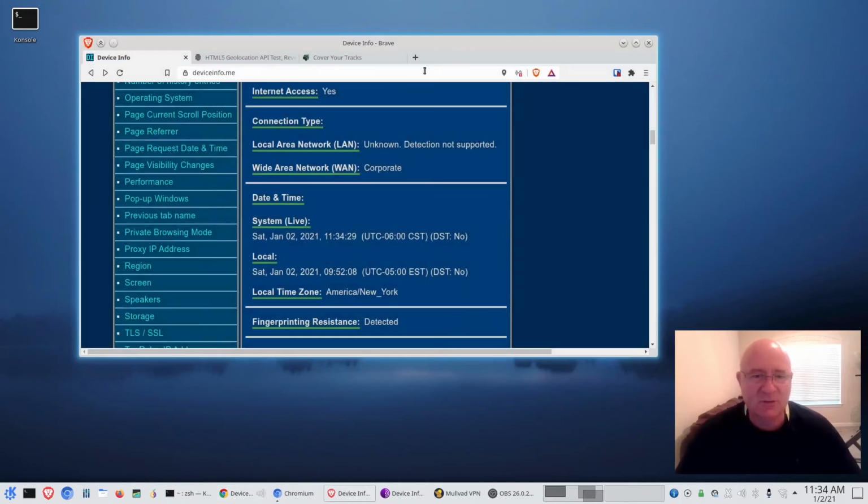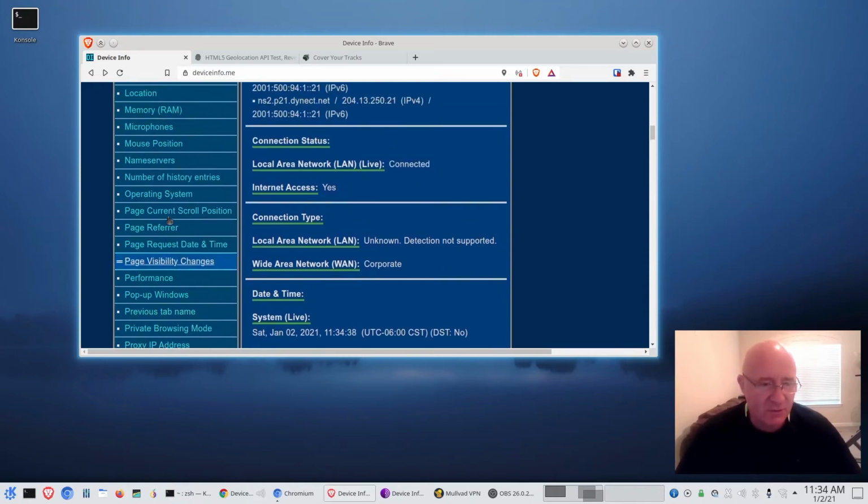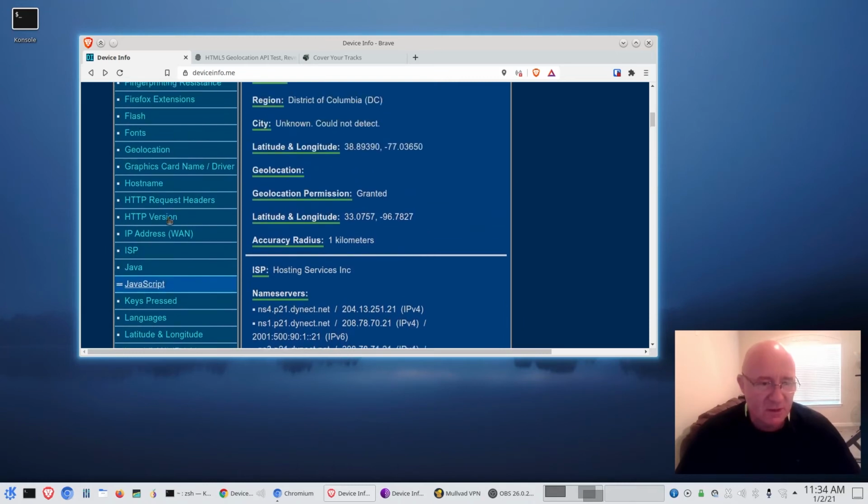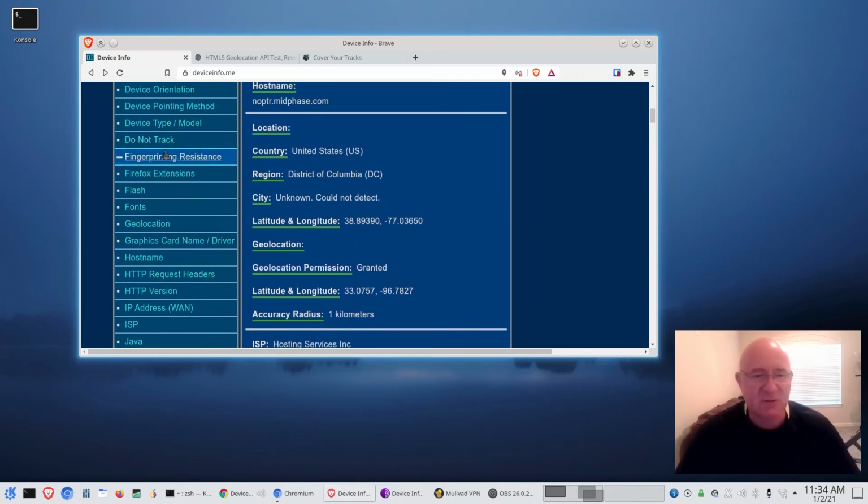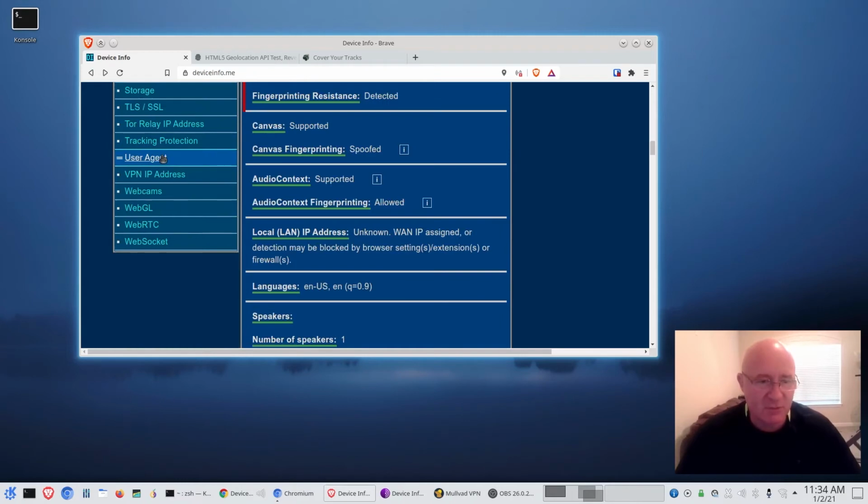Let's go to another browser called Brave. Brave is a web browser which is free, and it prides itself on privacy. If we go to where's our fingerprint thing here? Let's go to it right here. A lot of this information is the same, but as far as what the tools are doing, the same 3 tools are pulled up in both.